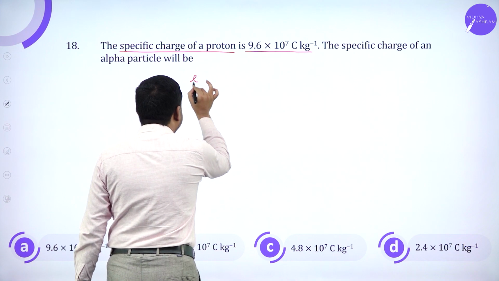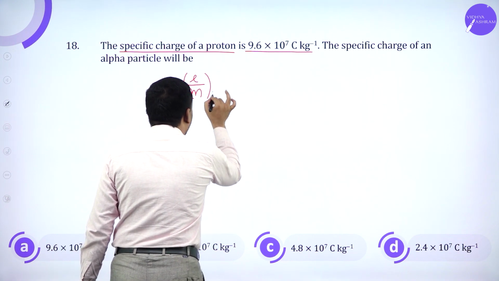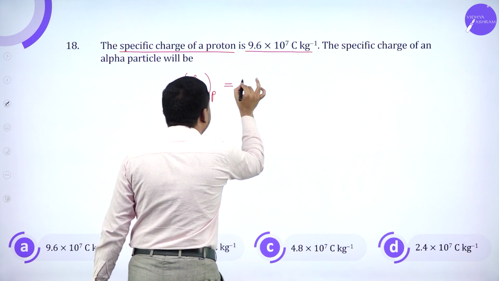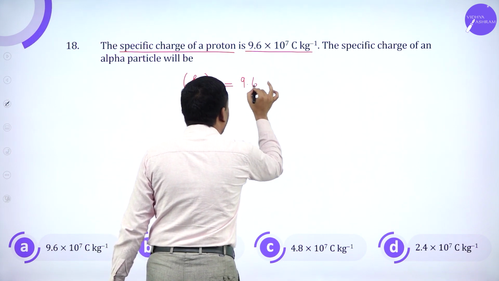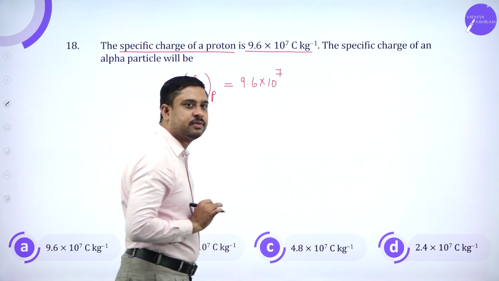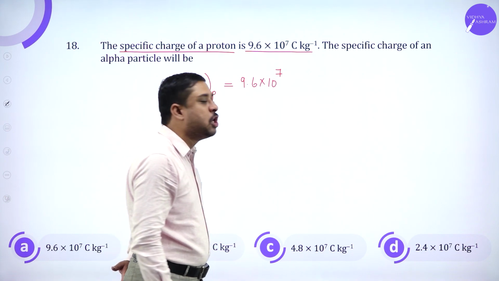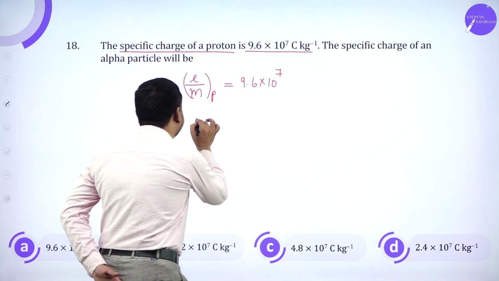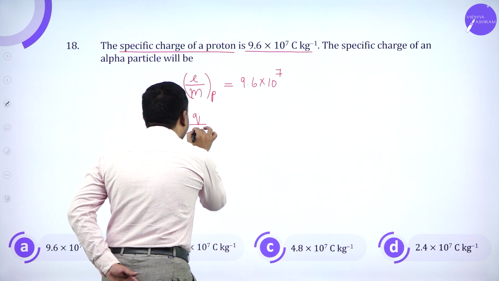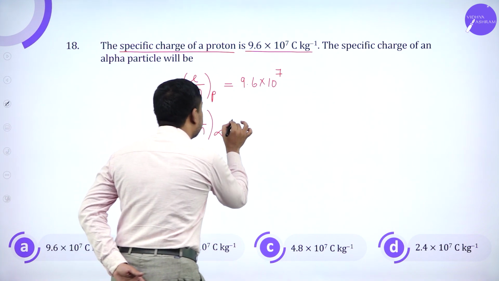So he says e by m of a proton is 9.6 into 10 power 7. Then what is the specific charge of an alpha particle? Q by m of an alpha particle.